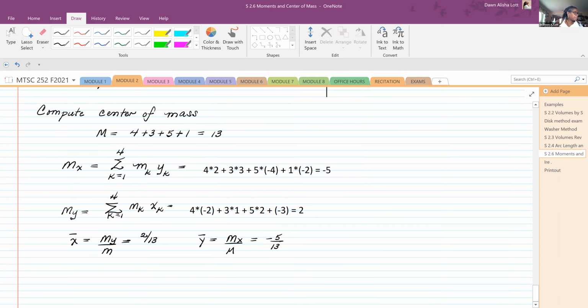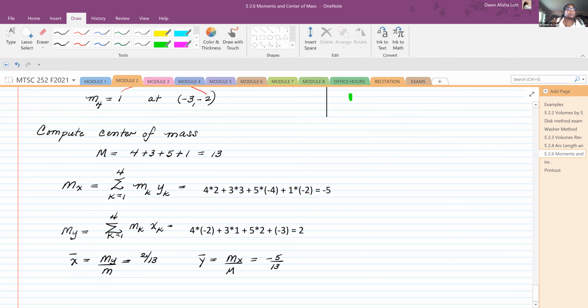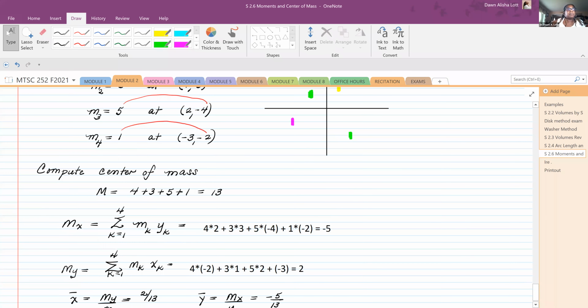All right. Okay, so now let's look at a mass of a thin plate.